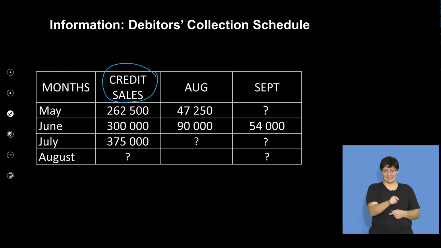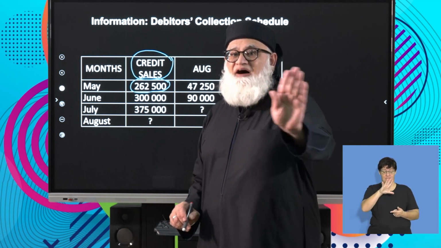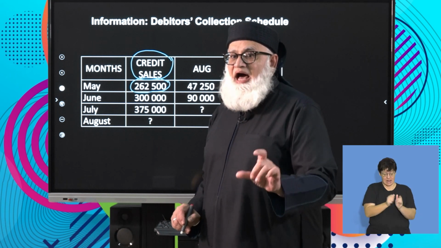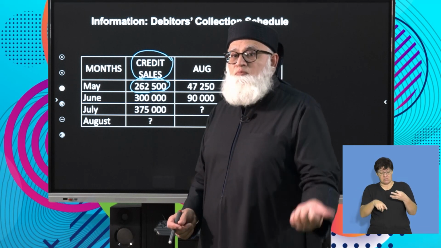So we have our credit sales figure, right? We are also told that in May, I have my credit sale, right? Now remember what was the trend? They pay you 50% in the month after the month of sale. Thereafter, they pay you an unknown percentage. Then they pay you an unknown percentage.